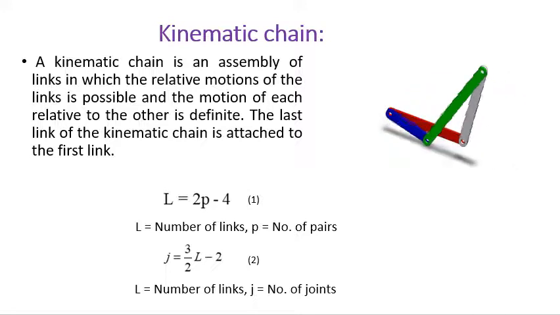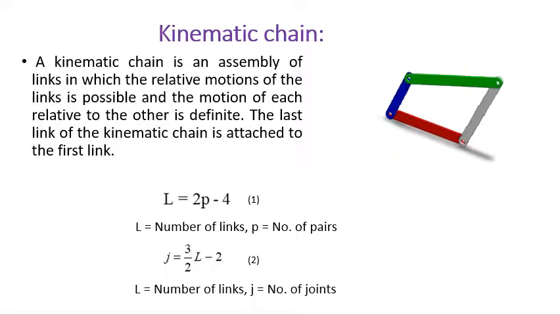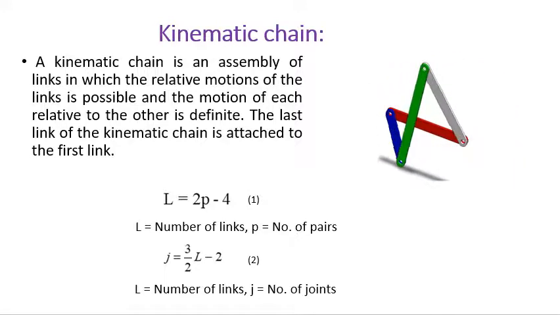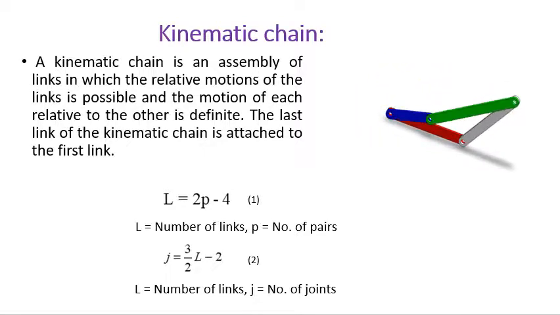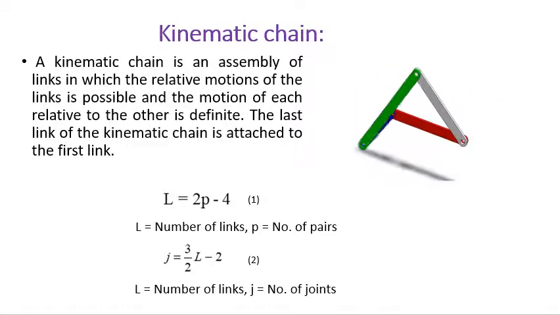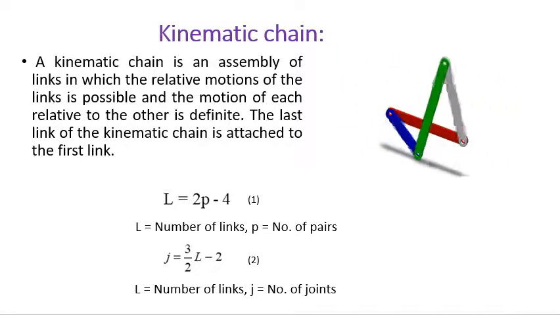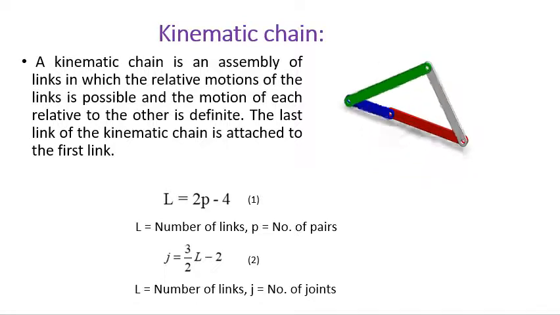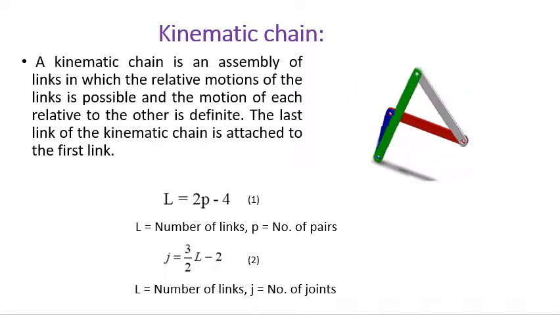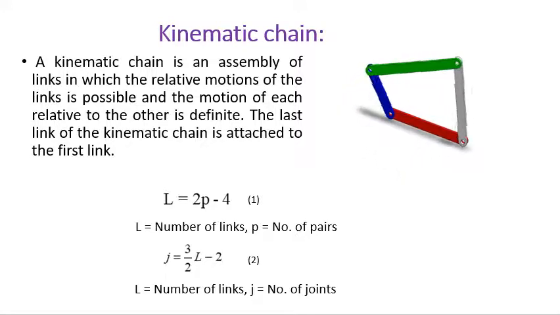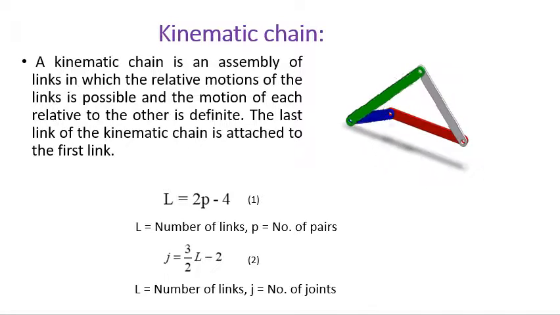Okay, so first let us see what is kinematic chain. When kinematic pairs are connected in such a manner that the last link is joined to the first link to transmit completely or successfully constrained motion, then it is called a kinematic chain. In this simple 4-bar mechanism animation video, suppose this is link number 1, the frame, and this is link number 2, the crank, and this is the connecting rod, link number 3, and a rocker, that is link number 4.